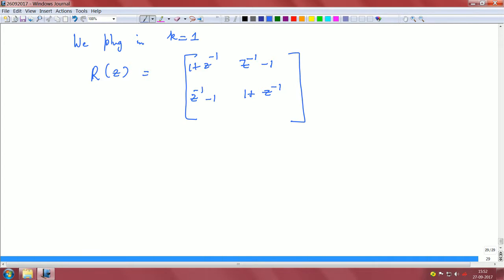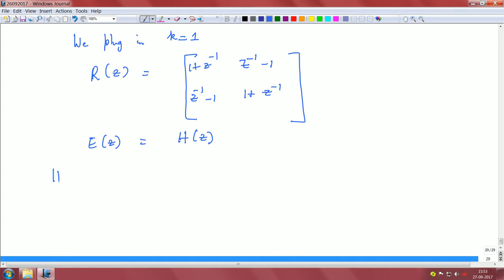Now I know the structure of E of z, which is basically H of z, right. Just recall from your previous worksheet here, E of z is H of z, I am rewriting it again.